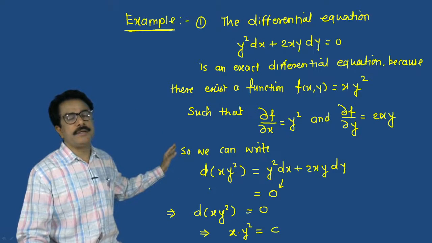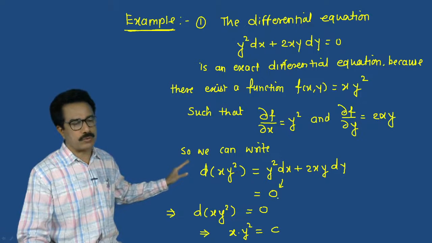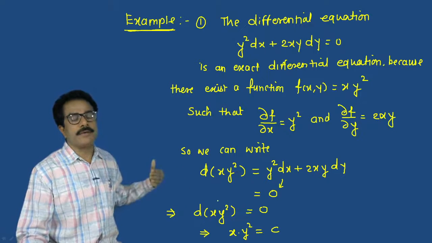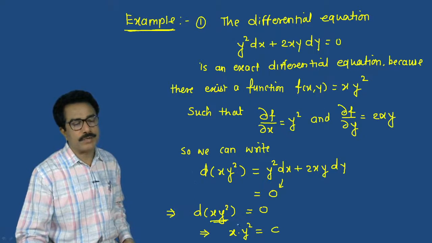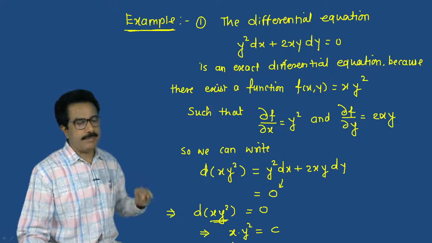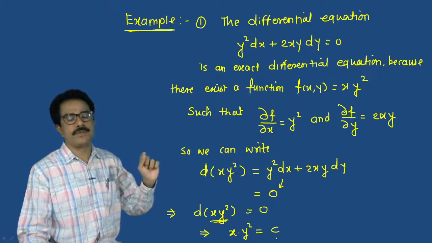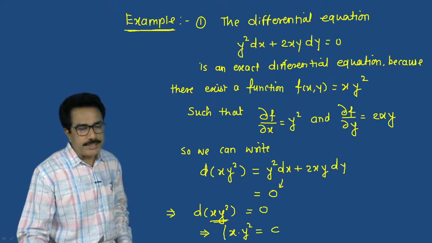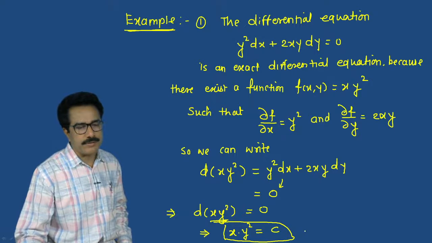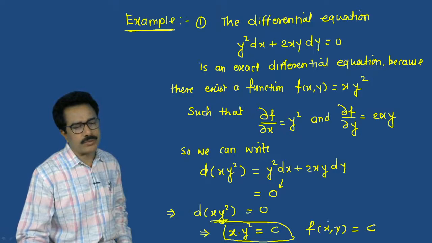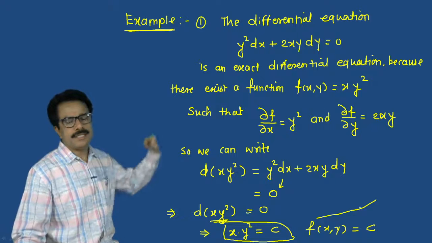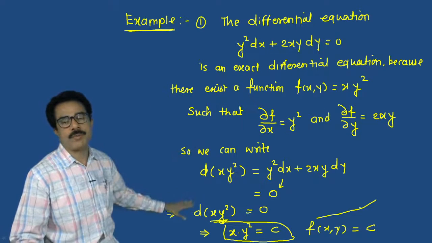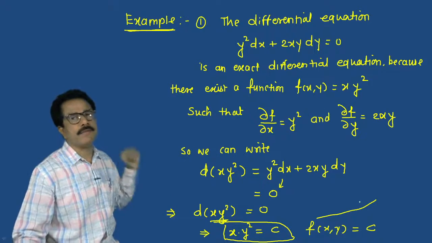Therefore, derivative of x into y square is equal to 0. अगर किसी भी फंक्शन का डेरिवेटिव 0 होता है तो वो फंक्शन कांस्टेंट होना चाहिए. इसका मतलब x into y square must be constant, and which is the solution of the differential equation. That means f of x comma y equals c, and which is the solution of this differential equation. See, this is one procedure which we have expressed here according to the definition.